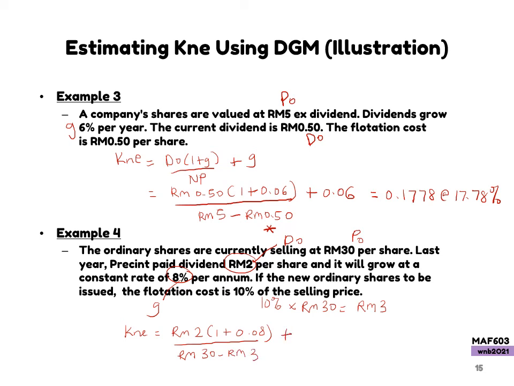And then kita akan tambah dengan growth 0.08 dan I akan dapat KNE untuk Precinct ni sebanyak 0.16 or 16%. The cost of external common equity for this company is 16%.